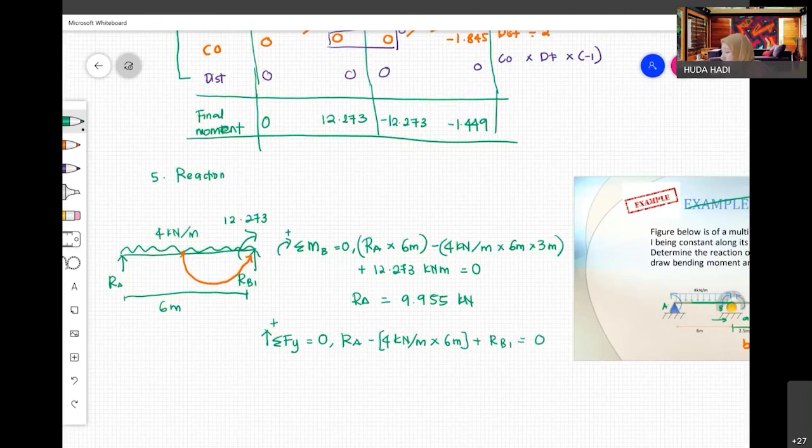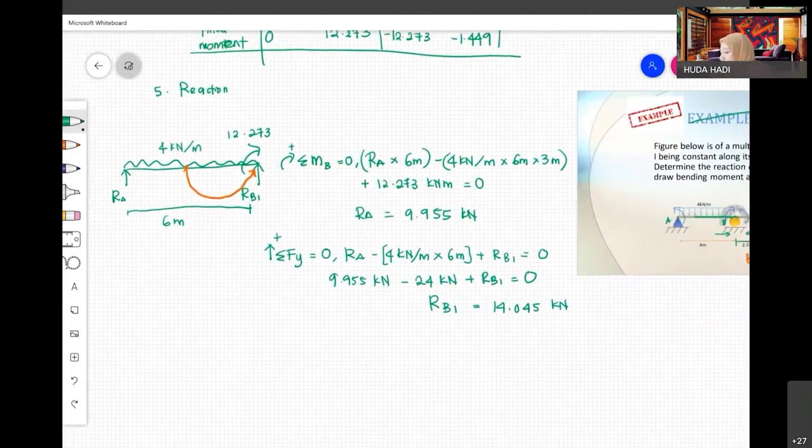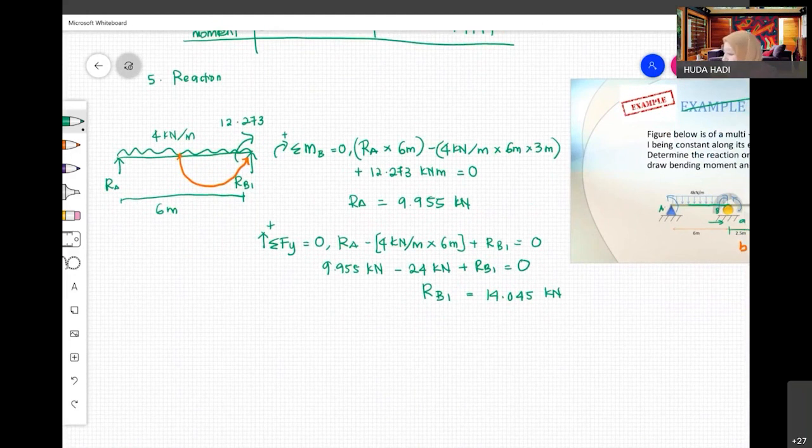Don't need to include that moment value sebab moment tu dia dalam moment equation, dia tak boleh masuk. Force boleh masuk dalam moment, moment tak boleh masuk dalam force equation. Therefore RB1 sama dengan berapa? 14.045. Okay, so kita dah siap for beam AB.